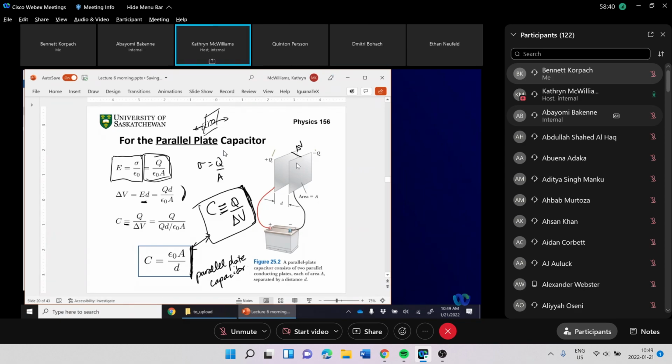At that point, you have enough reaction forces pushing back against charges flowing this way so that no more charges will flow to the plate. Over time, the plates start rejecting charge flow to them. And when the potential difference between the plates is equal to the potential difference of the battery, then no more charge can flow there. The plates say, we've got enough, that's it. Does that make sense? Yeah, thank you.